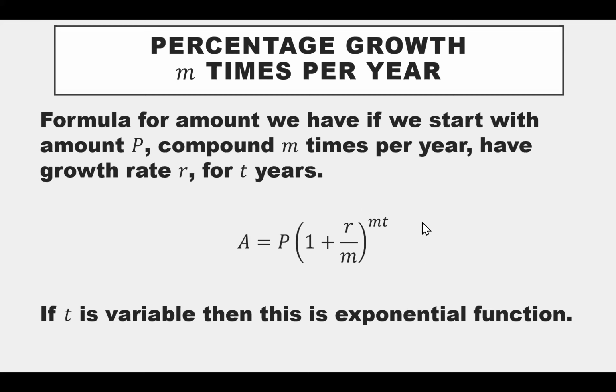And this leads us to a really nice exponential function formula. This is the formula for the amount of something we have if we start with amount P and we compound M times per year, having a growth rate of R for T years.